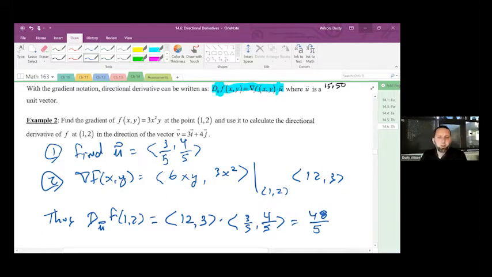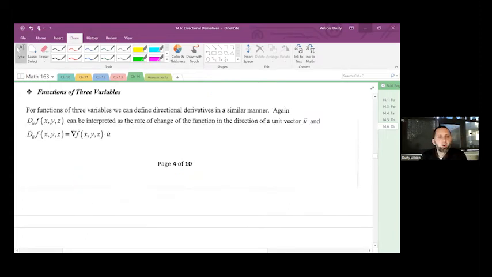So same exact process, it's just a little bit easier or more concise to write that directional derivative when you're using that gradient notation. For functions of 3 variables, we can define directional derivatives in a similar manner.